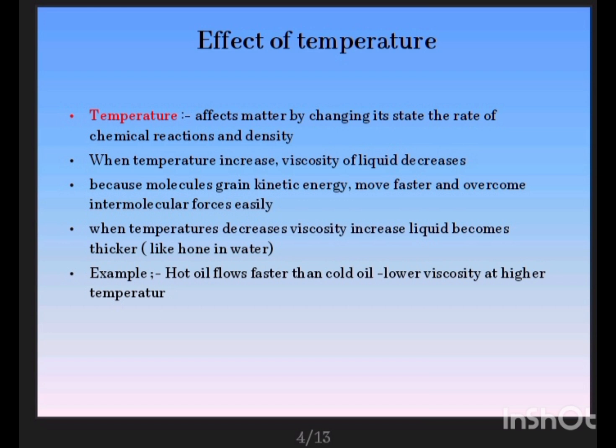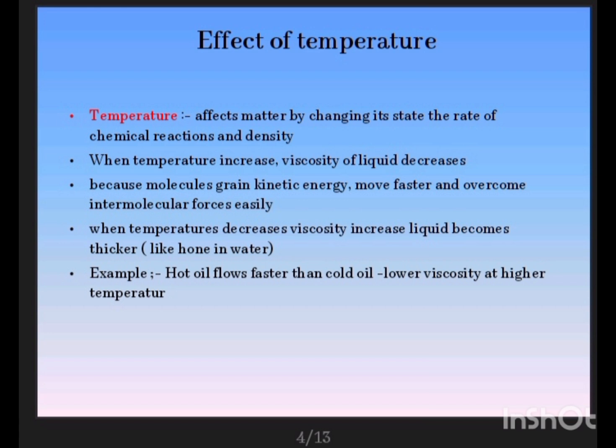First we will see what temperature is. Temperature affects matter by changing its state, the rate of a chemical reaction and density. When the temperature increases, the viscosity of a liquid decreases because the molecules gain kinetic energy, move faster and overcome intermolecular forces easily.